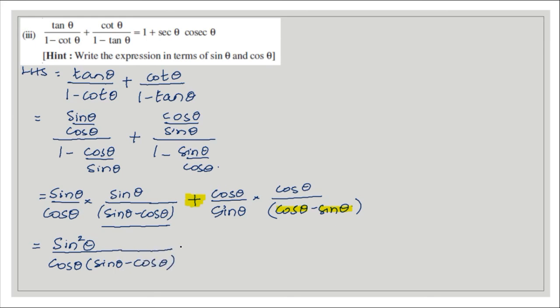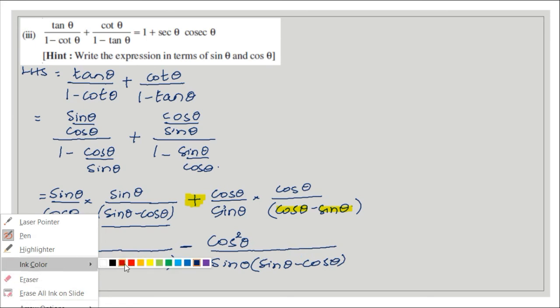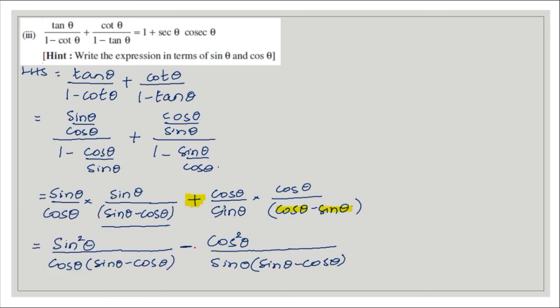Now this step is very important. I am not taking positive, I am taking negative. Cos square theta divided by sin theta multiplied to sin theta minus cos theta. Did you understand the change? Here these things are changed. I have changed this, I have changed this too. Instead of positive, I have made it negative.